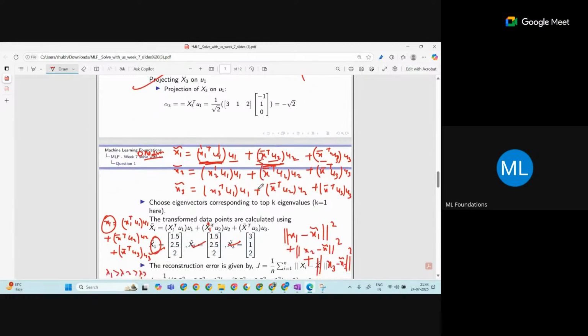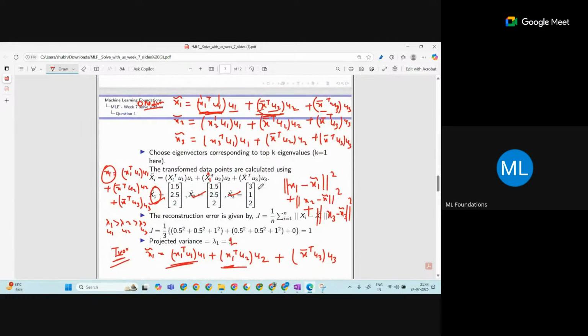Maybe it could ask for the reconstructed vector, or maybe the reconstruction error, or maybe find the one dimensional PCA. Find the eigenvector which has the highest eigenvalue. That is your one dimensional PCA.